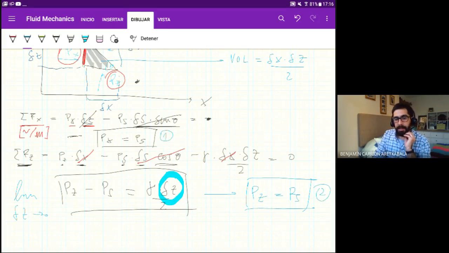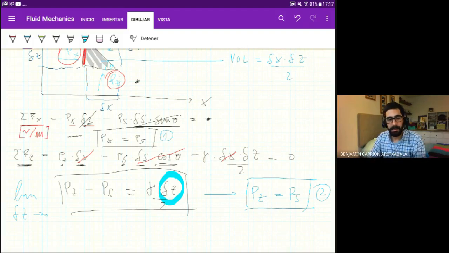And what this is telling you, and this is very important, is that the pressure in a very small parcel of fluid, so small that you can consider it a point, the pressure in the vertical, in the lateral, or in any direction, because gamma is arbitrary here, the pressure in every direction is the same. Okay, so in a point, the pressure points to every direction. And this is key.